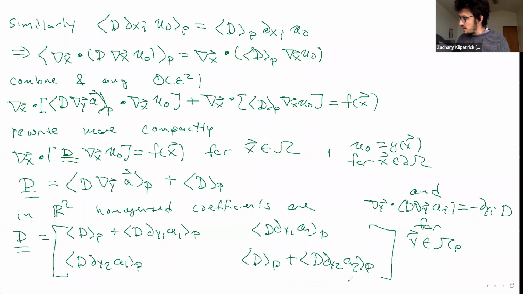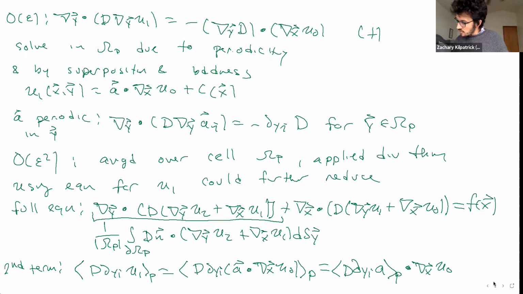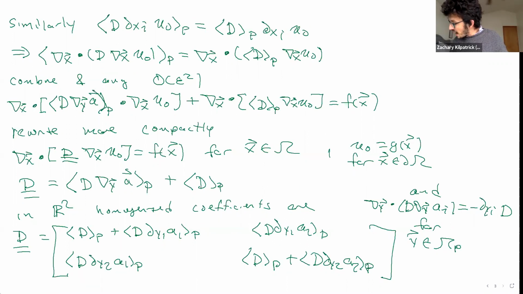And we wouldn't have gotten these off diagonal terms and these other corrections, which are going to depend on this variable a here, which has its own partial differential equation that you have to solve. Okay, so it's by averaging the actual equation that you reveal the proper homogenization of the diffusion coefficient.